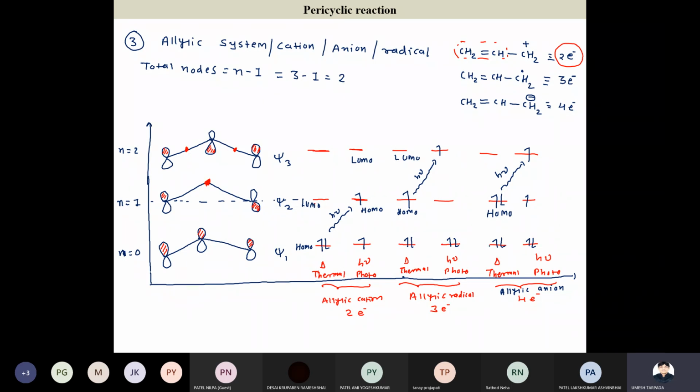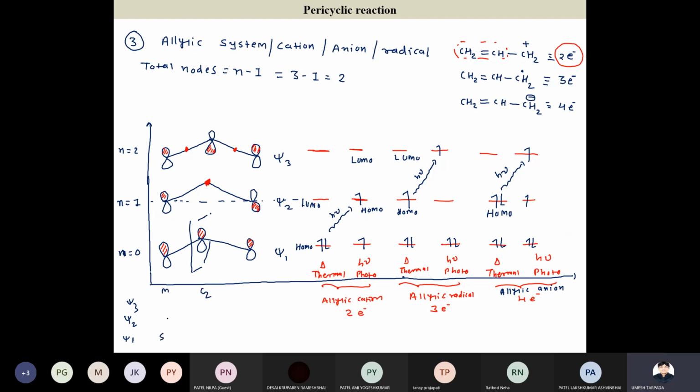Now if you talk about symmetry, you tell me, is the first level mirror plane symmetric or asymmetric? Symmetry. First is mirror plane symmetric. You can put a mirror here. The mirror plane symmetric: psi 1, psi 2, psi 3. Mirror plane and C2 axis.